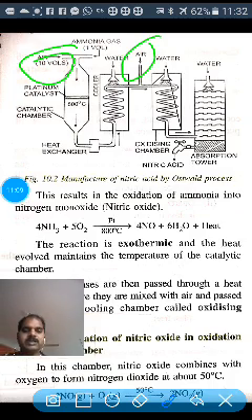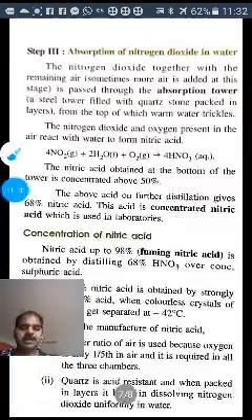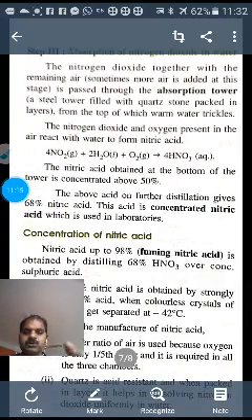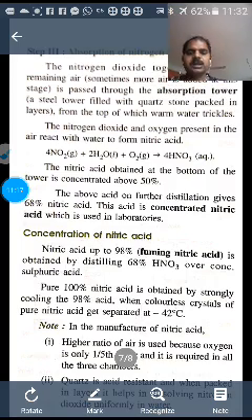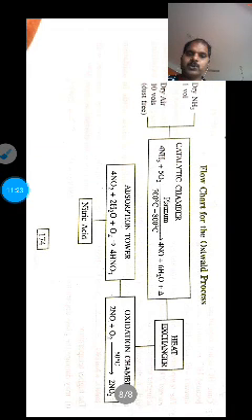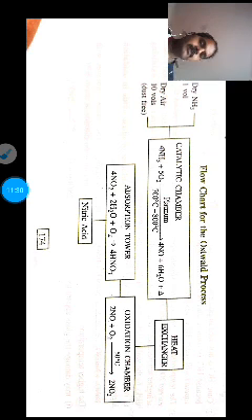So we ultimately get nitric acid after the reaction is complete. We saw how we can concentrate it, and at the end we have the flow chart. Please rotate your phone so that you can see the flow chart properly, and I have rotated mine.